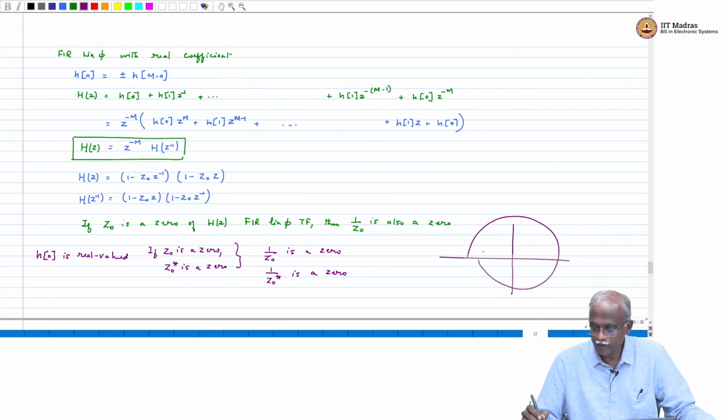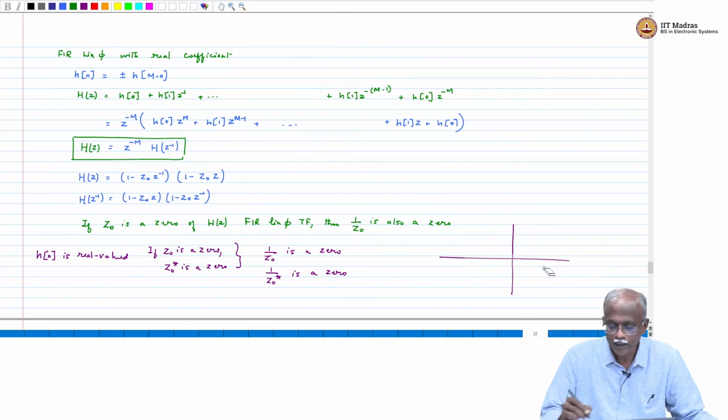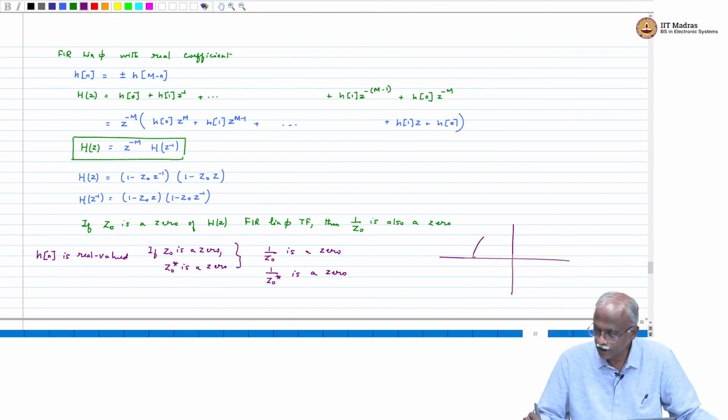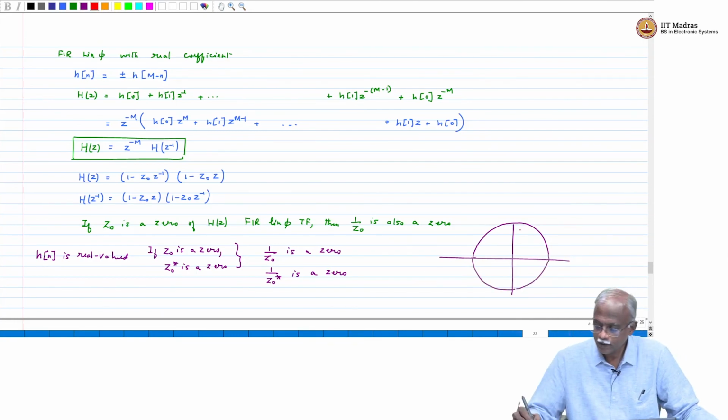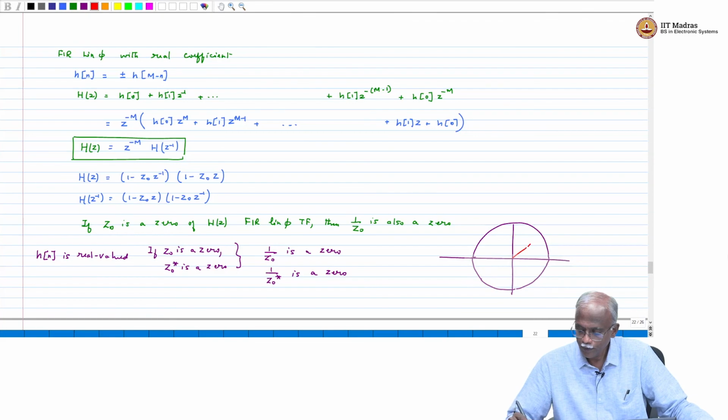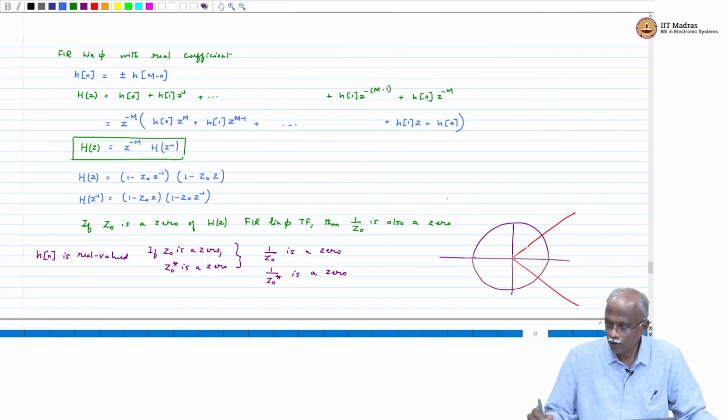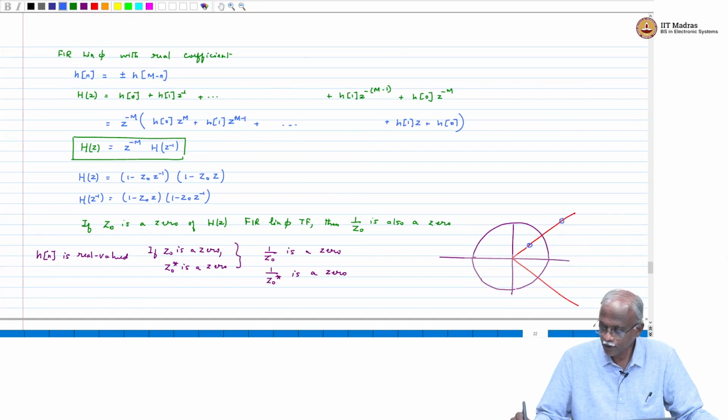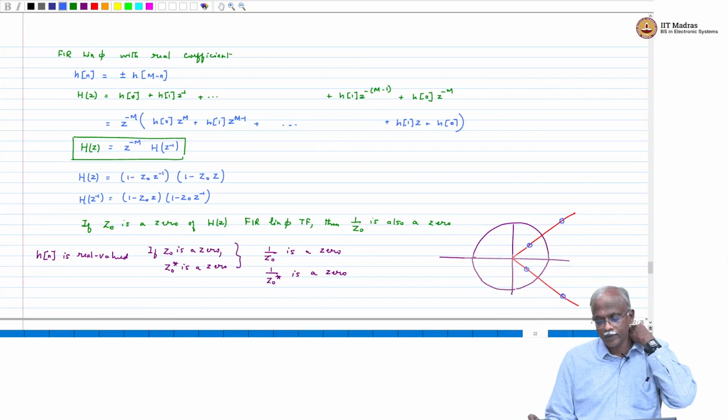So if you have a unit circle like this, then what you have will be 4 zeros located: zero, reciprocal, conjugate, reciprocal conjugate. So basically this is what it will look like.